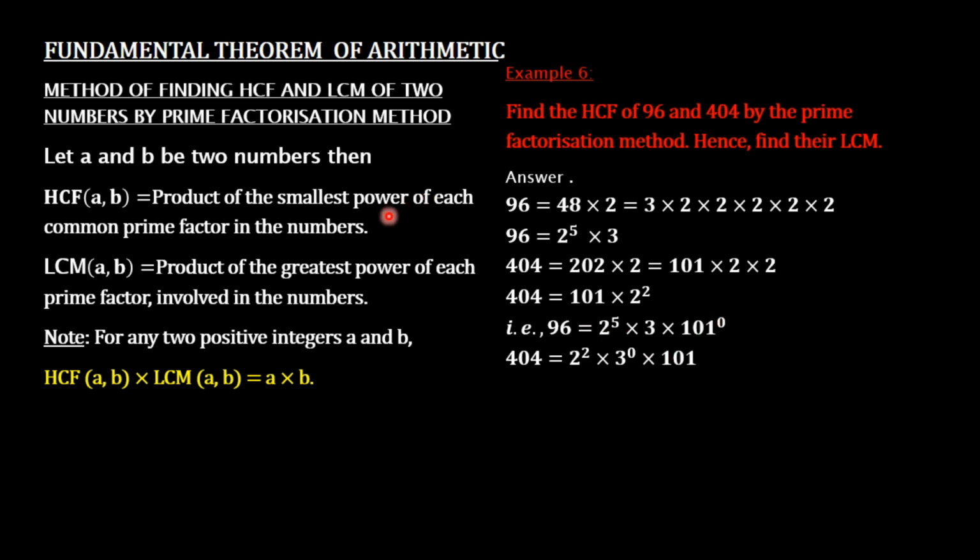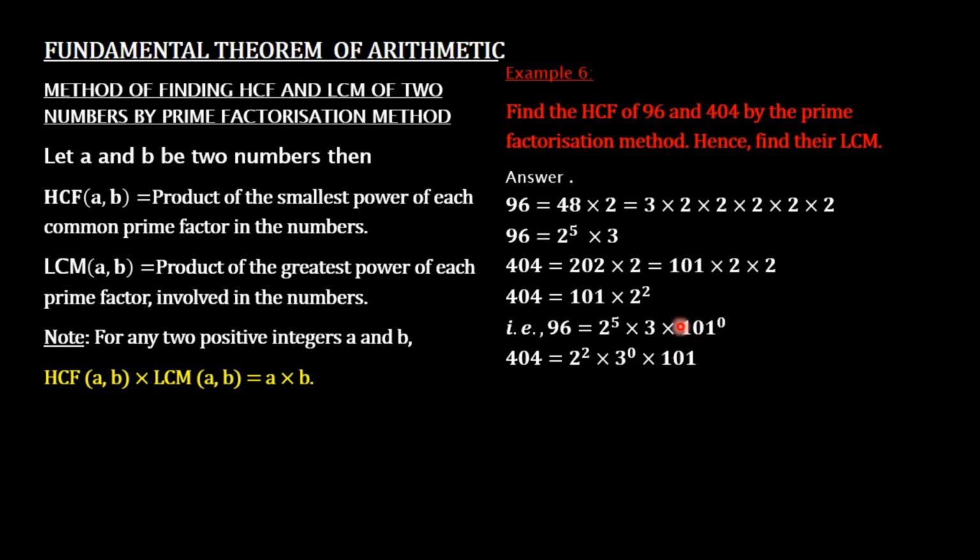Next, what we have to do is compare these terms and find the smallest power of common prime factors. Here we have 2 raised to 5, here we have 2 square, smallest among them is 2 square. And here we have 3 raised to 0, smallest among them is 3 raised to 0.